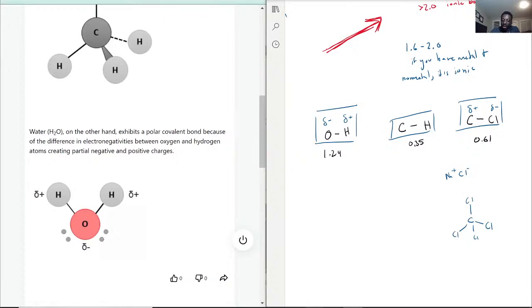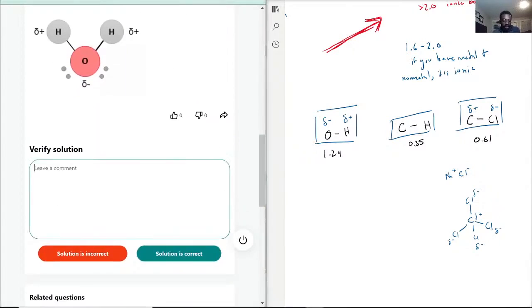Each corner is electronegative. But because they're all evenly spread out, there's overall no net pull. That's a little bit of physics, you know. There's no net pull towards any direction because all the forces cancel out for a net of 0. So this is an example of a non-polar molecule with polar bonds. Okay, correct.